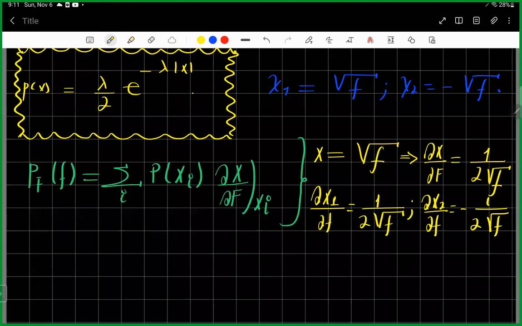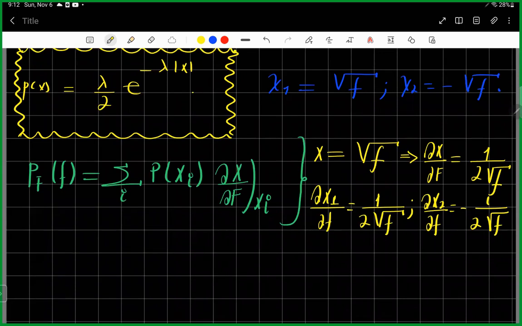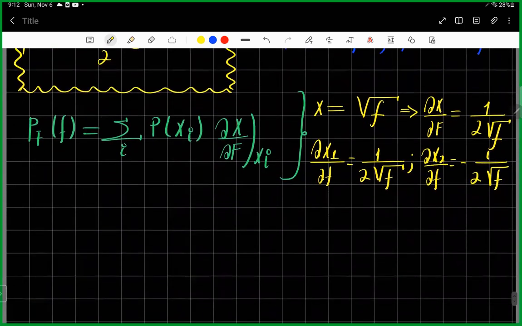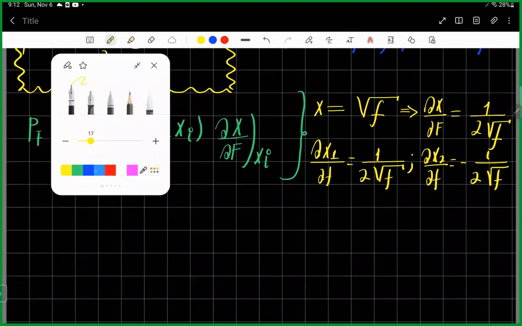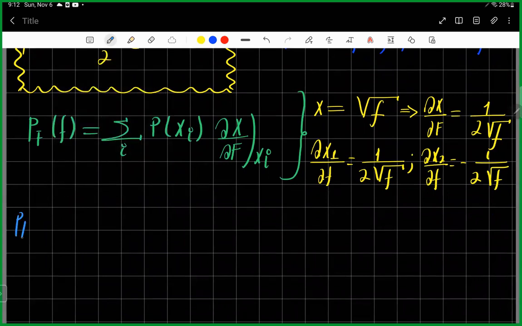Okay. With this, I think that we can just expand this term here. So the probability for function f is equal to the sum over i of p of xi times the derivative of x with respect to f at xi.